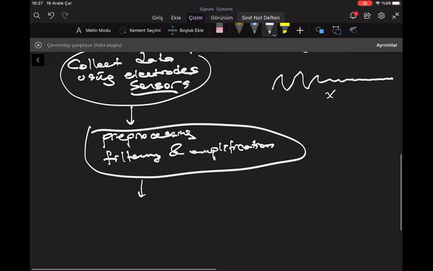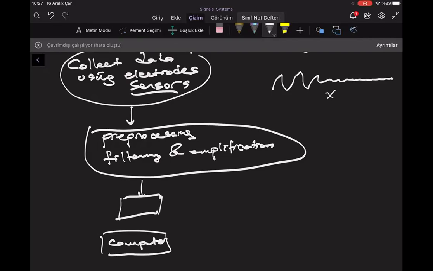Then I will send it to a computer or any digital device, right? Okay, so there should be an intermediate step which converts this continuous time signal into the digital world. What is the difference between digital and discrete?